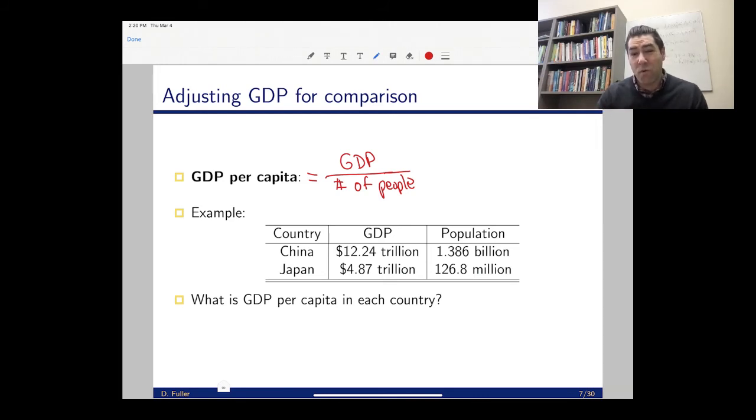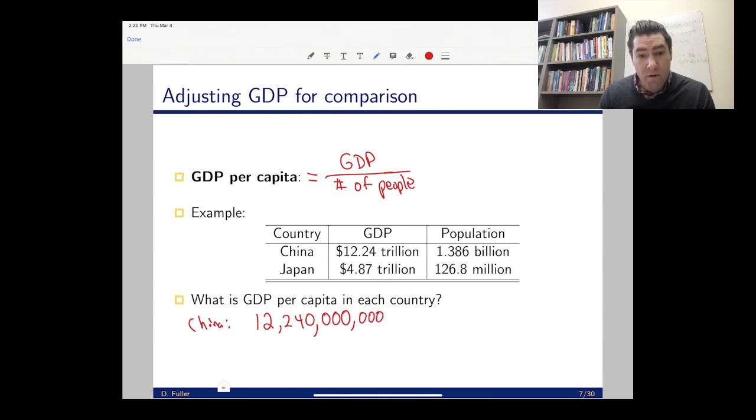The surefire way, which I'm going to give you here, and you can simplify it if that's easier, is just to write out, unfortunately, what is 12.24 trillion. So what is China's GDP per capita? Well, 12.24 trillion, we're just going to add zeros. I add 3, and I've got millions.